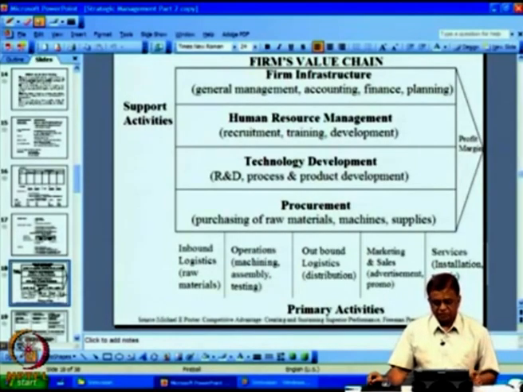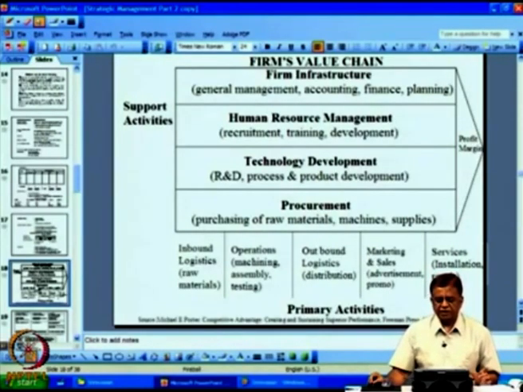According to the diagram which is given by Porter, the key components of the firm's value chain are the primary activities. The primary activities have 5 important components. One is the inbound logistics, second is the operations, third is the outbound logistics, fourth is the marketing and sales, fifth is the services.